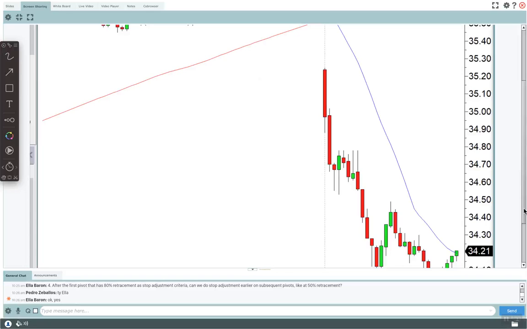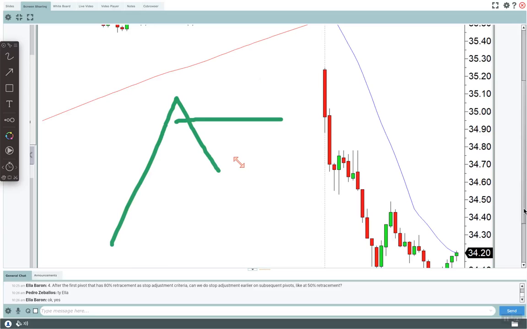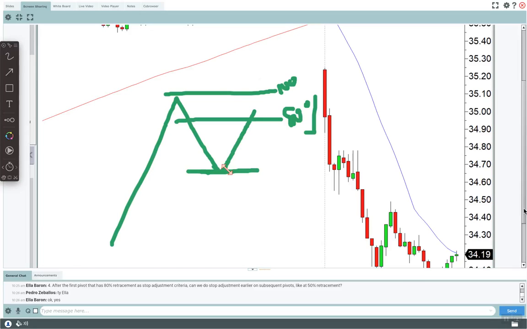What you want to specifically do, based on what Ella's asking, is this: when a stop rallies, my rule is that it has to achieve 80% of its drop, right? This is 100%, so it has to achieve 80% before this can be called a pivot. If it goes to here, it's not a pivot. You see? It has to achieve 80%.